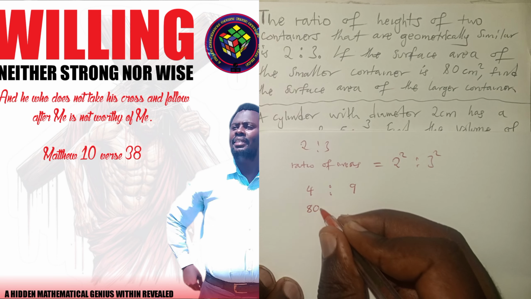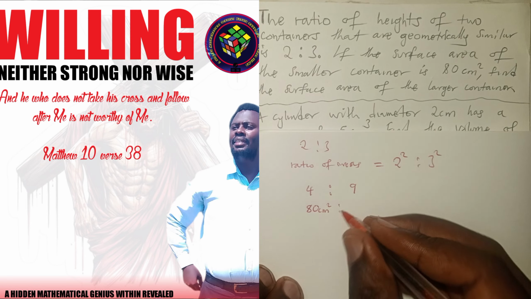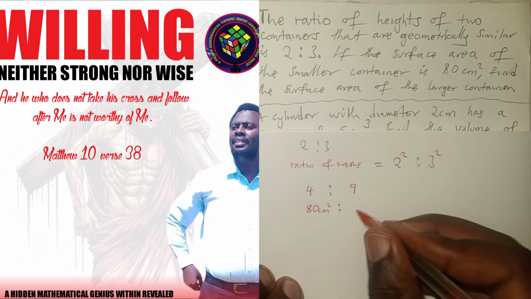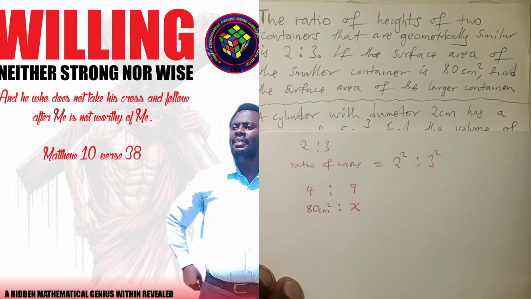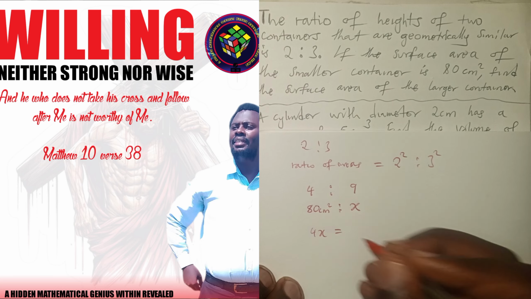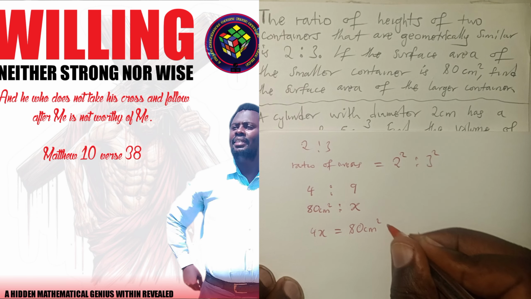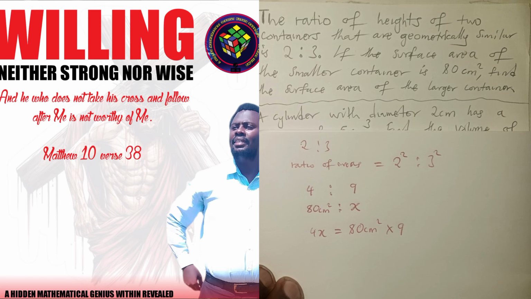So you put 80 square centimeters there. We are looking for the larger container, so you put x there. Then we can cross multiply. So 4 multiplied by x, you get 4x is equal to 80 square centimeters multiplied by 9.